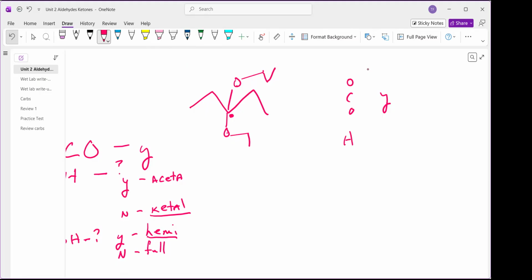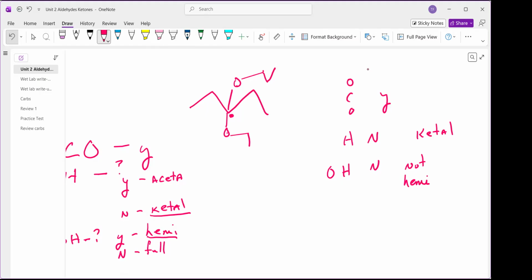Is there an H on the anomeric carbon? No. Okay, that means it's not a hemi. Actually, it means it's not an acetal. OH? No. Okay, so if there's no H there, that means it's some kind of ketal. And with no OH, that means it's not a hemi. So this is a ketal.